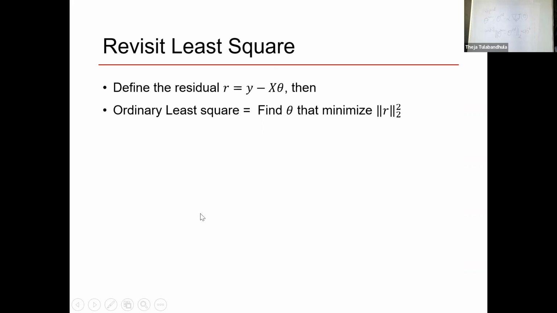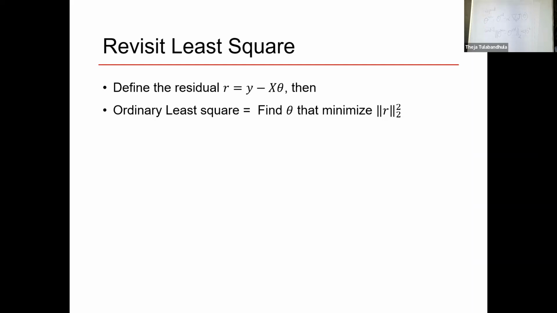Now, the least squares criteria says how to find a theta. You find a theta which minimizes this residual vector R. This notation, 2 vertical lines with subscript 2 and superscript 2, is a shorthand to say: take each coordinate of the residual vector, square it, and sum them.